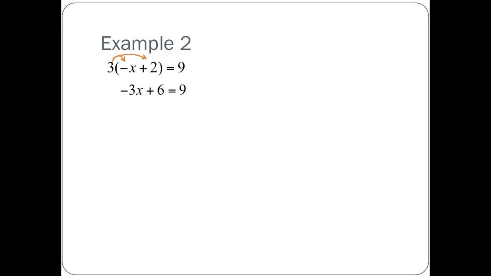So we start by subtracting 6 from both sides. That cancels on the left. That leaves us with negative 3x equals 3. And then from here, I'm going to divide both sides by negative 3. The negative 3 cancels on the left. That leaves us with x equals negative 1 for our answer.